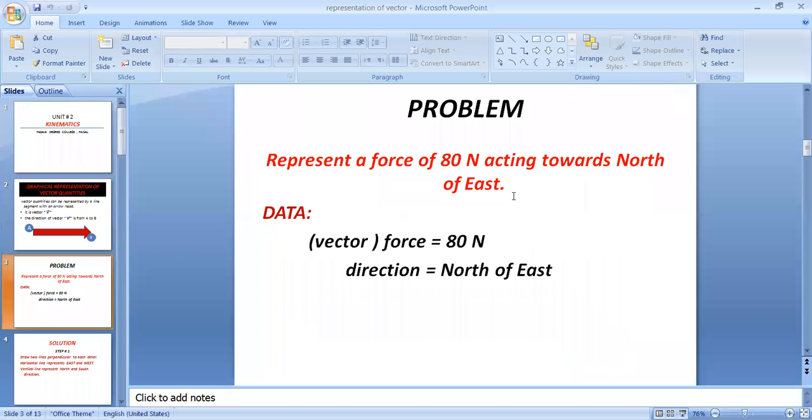Give me an answer. Can we draw 80 Newton on a paper? Can anyone answer this question? Can we draw weight on a paper? No. Can we draw a force on a paper?